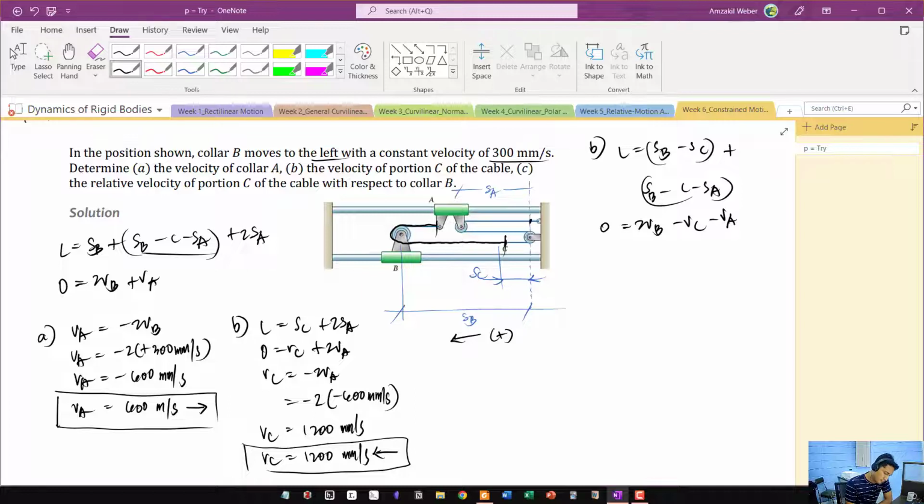To solve for VC, VC equals 2VB minus VA. 2VB is this one, 300 to the left, that would be positive, minus VA, which is negative 600.